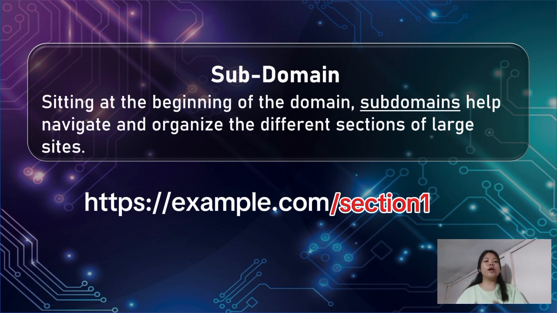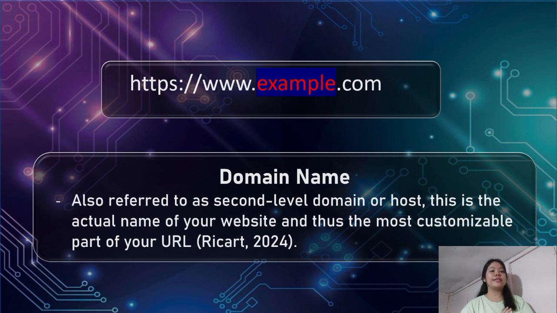So this way, users can easily access the specific section of a website they need without having to navigate through the entire site. So the next part is the domain name. The domain is actually the name of your website. It is part of the URL that you can customize to reflect your brand or identity.